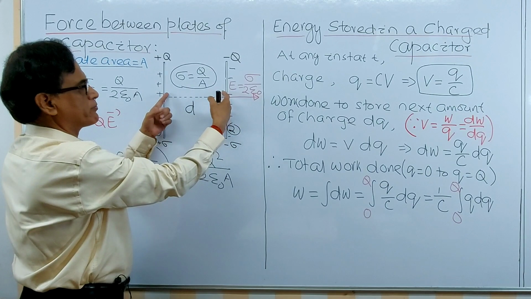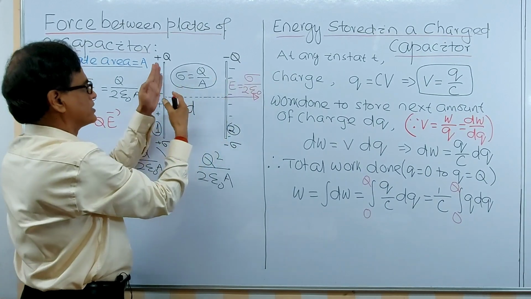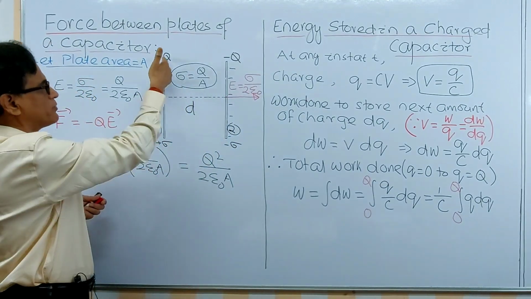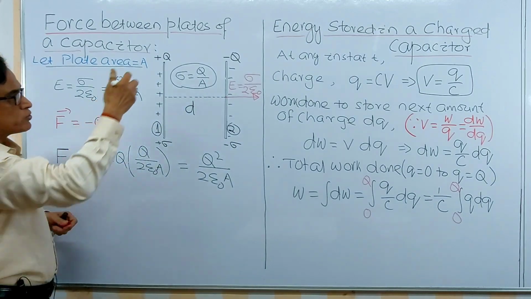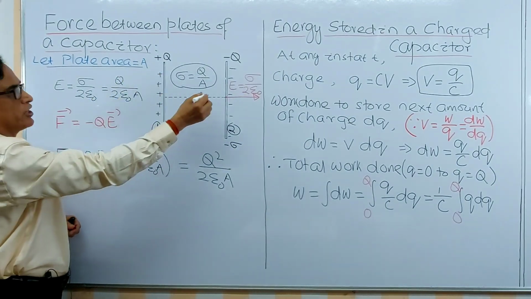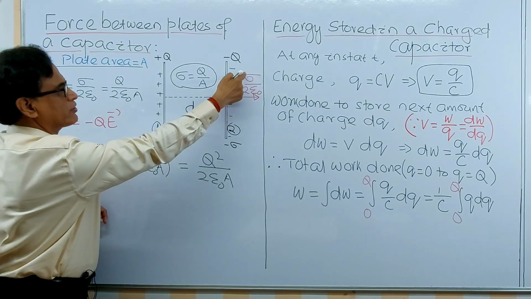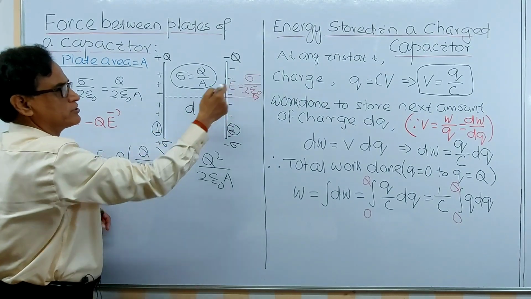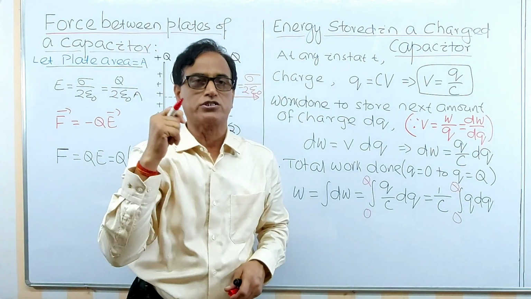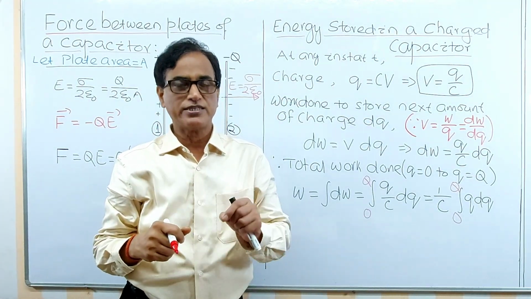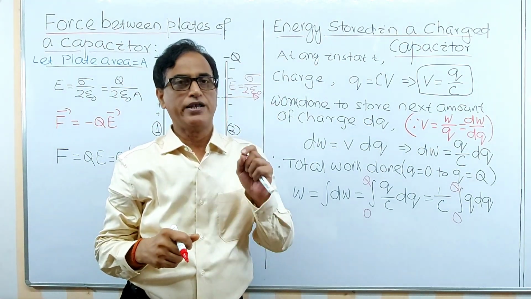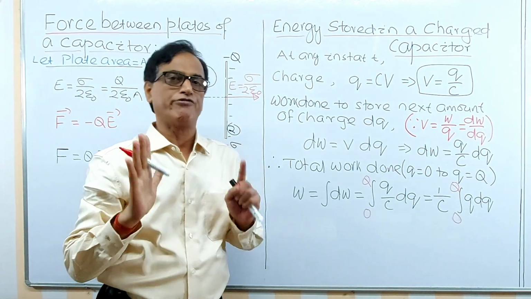Epsilon 0 is the permittivity of free space, sigma is the charge density of this plate. Now you consider the positive plate. Now due to this positive plate, the electric field at this point is given by E equals sigma by 2 epsilon 0. This is a formula derived in Gauss law. Sigma is the charge density of that plate and epsilon 0 is the permittivity of free space.